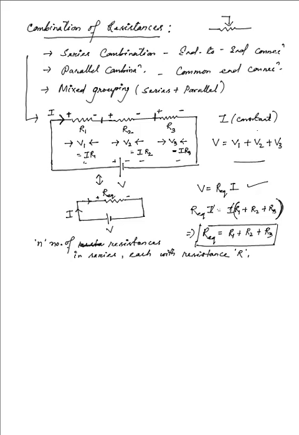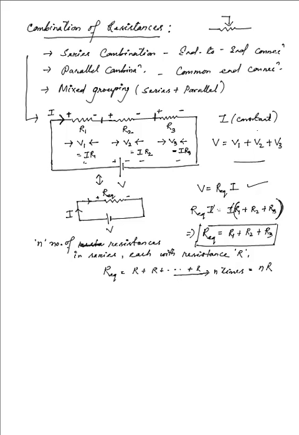That is, the equivalent resistance in this case is R plus R plus R, n times. So that means we have n times R as the equivalent resistance in this case.